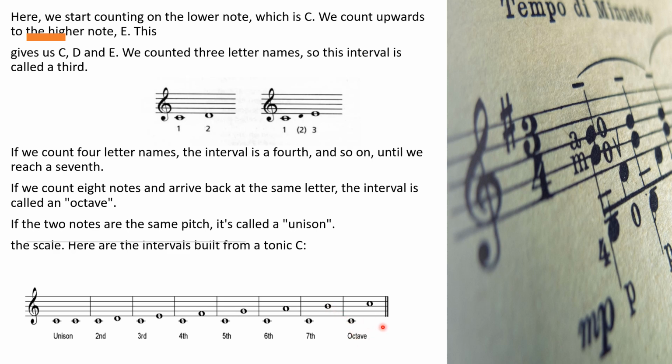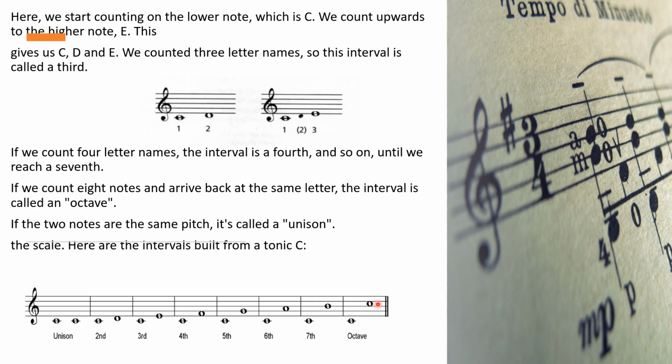Now coming down to this octave, like I said, using the seven letters of the alphabet, we have C here. Of course, this is a middle C, and we have D, E, F, G, A, B, and back to C. So if we count, we have 1, 2, 3, 4, 5, 6, 7, 8.